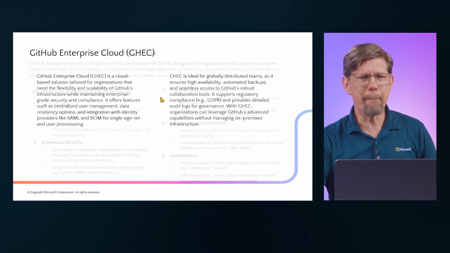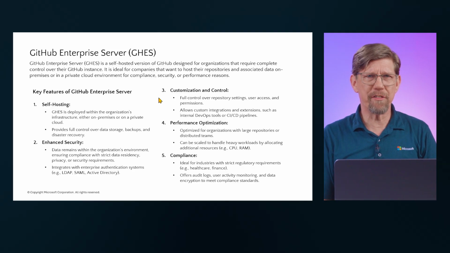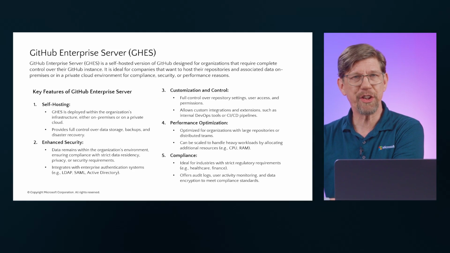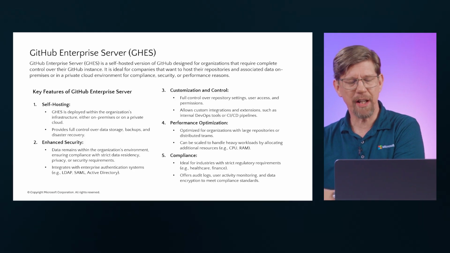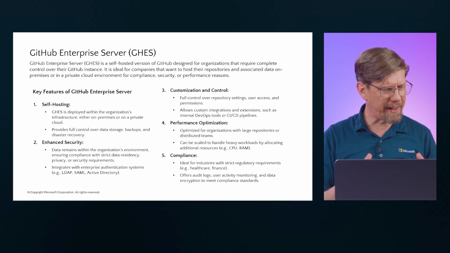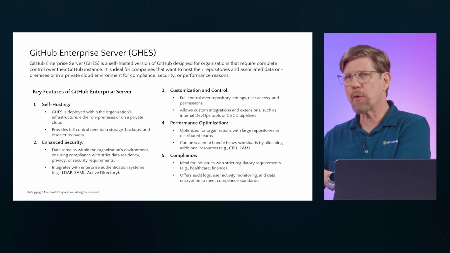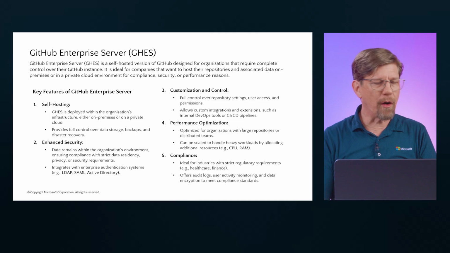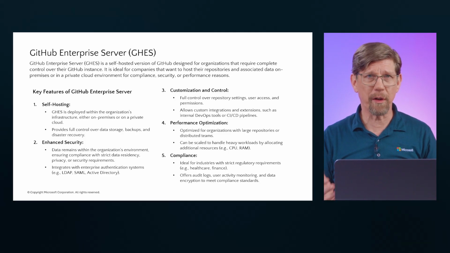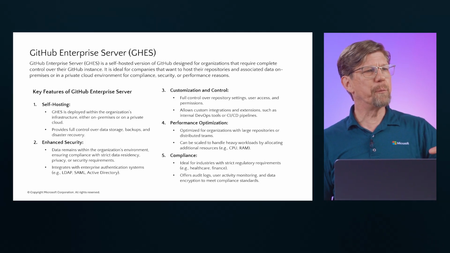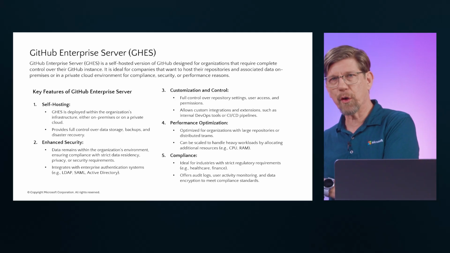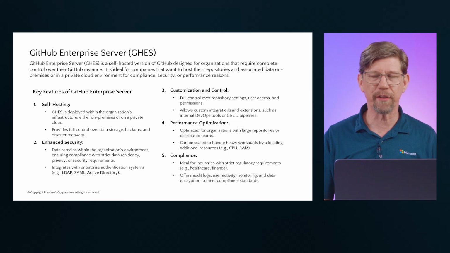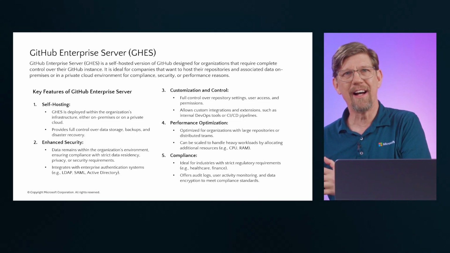Now, we also have GitHub Enterprise Server, GHES. Now, we're going to differ considerably here because this is going to be, in essence, an on-prem product. There are many organizations in which they really can't take their code and push that up to a cloud organization. It needs to remain on-prem.